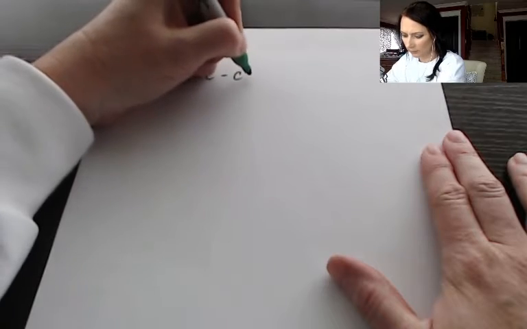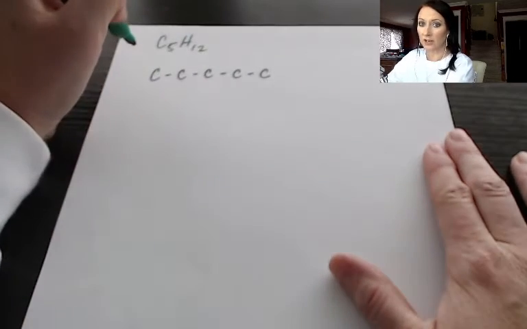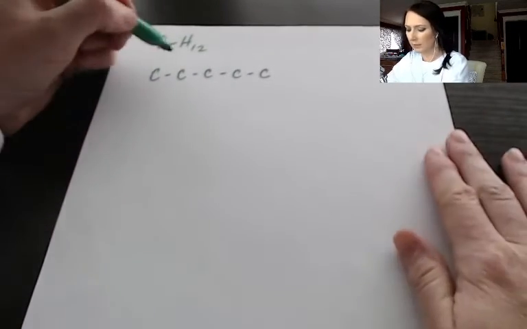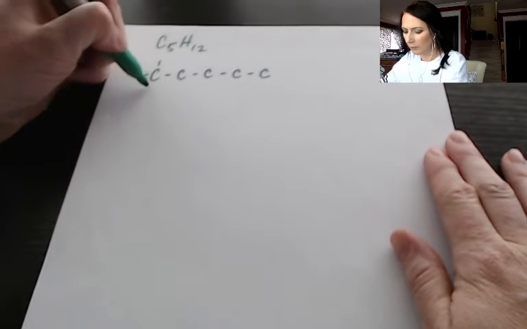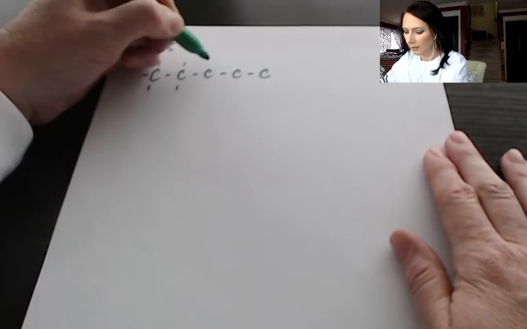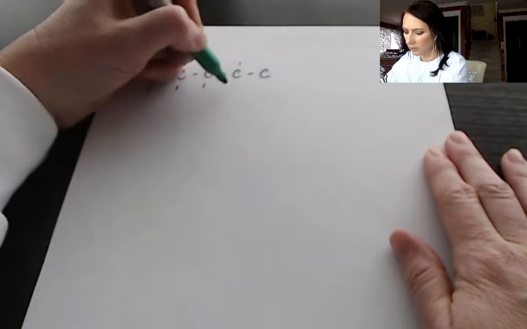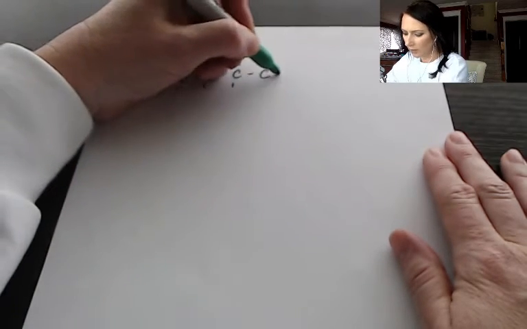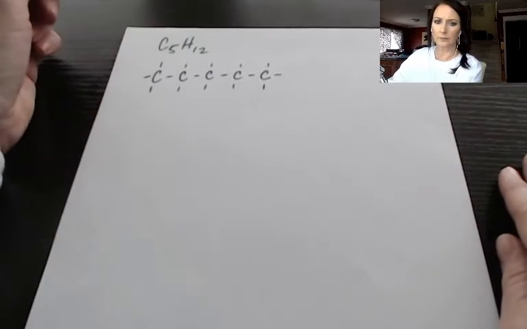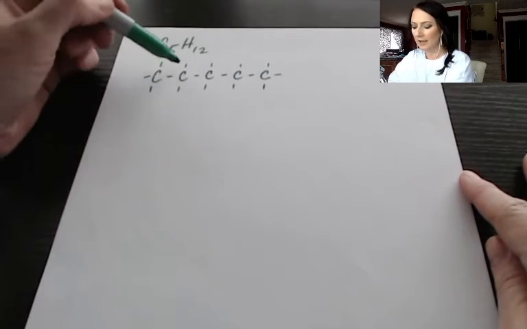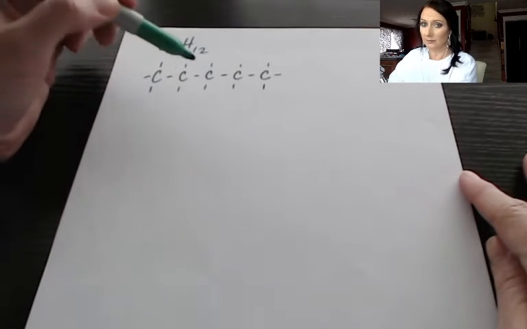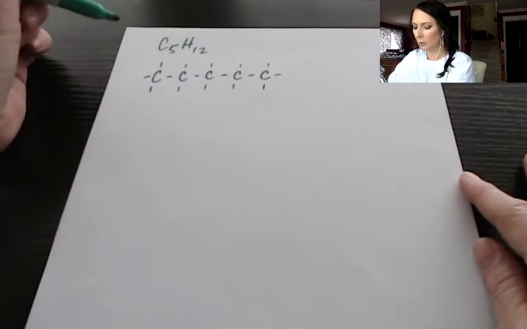So I'm going to draw C5H12 as a straight chain molecule. It would look like this, 5 carbons in a row, and then hydrogens attached to the carbons, 3 on each terminal carbon, and then 2 on each interstitial carbon in between. Okay, so there's my 12.